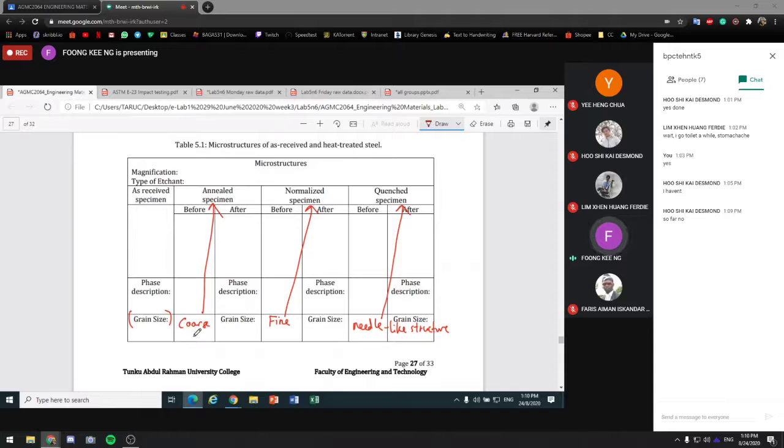You can't measure the size for the quenched sample because what you have here is martensite. Martensite here will be for normalized, fine pearlite. Here will be coarse pearlite. And this one here is alpha ferrite and pearlite, like what you did in lab 2. Follow? Yeah? So in here, same?